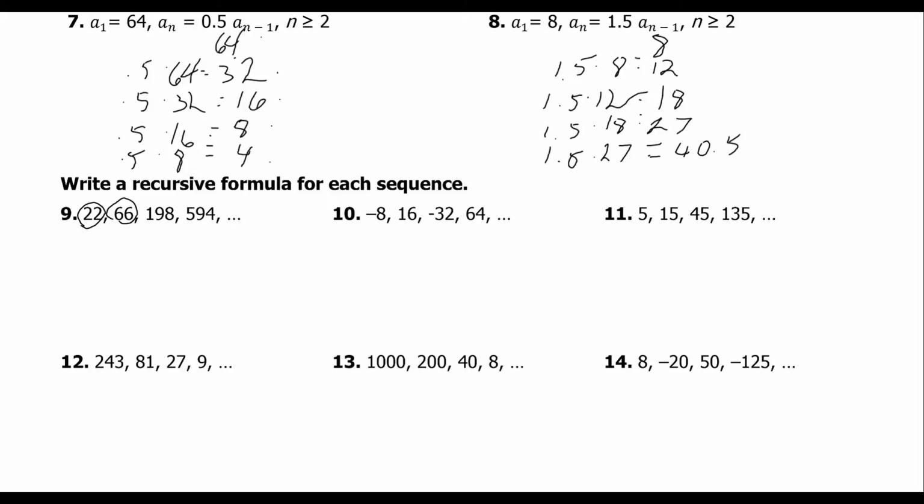So r equals 66 over 22, which equals 3. So what we are going to say on this is that a sub 1 equals whatever the first term is, which in this case is 22. And then a sub n equals 3 times a sub n minus 1.